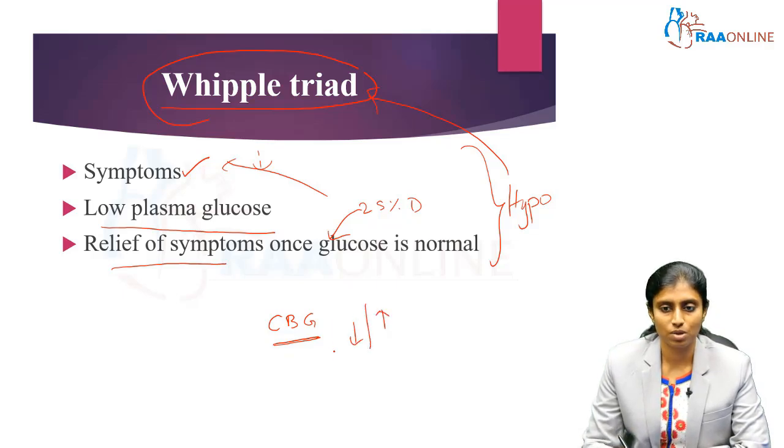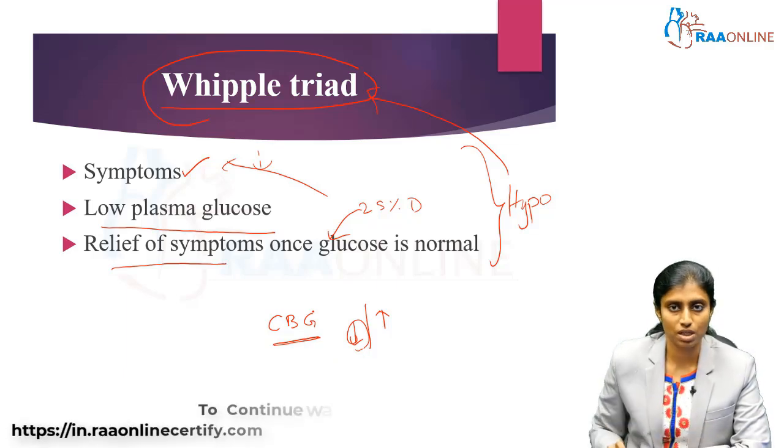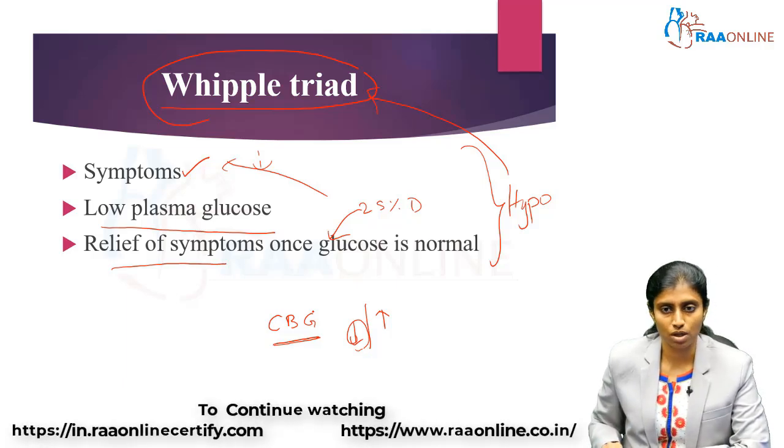So in hypoglycemia, capillary blood glucose is not very reliable. Always, if we suspect hypoglycemia and plan to evaluate it, it is better to take a sample, send it, and then decide on evaluation. Capillary blood glucose might not be accurate at most times when blood sugar levels are very low.